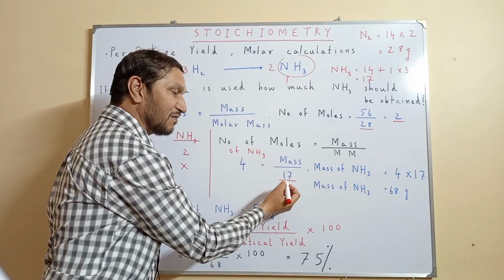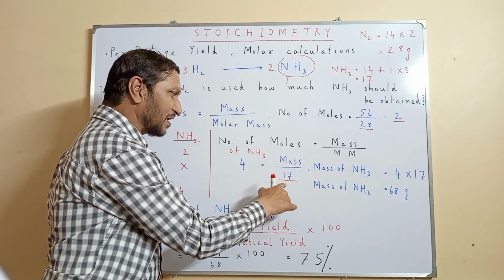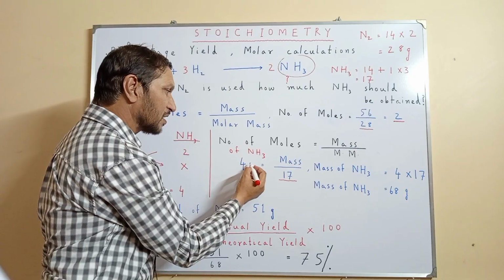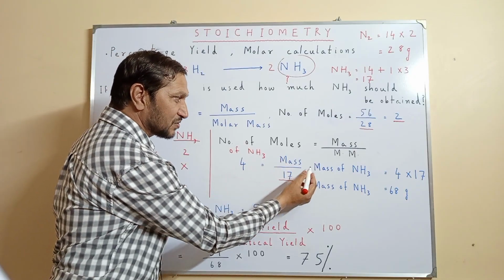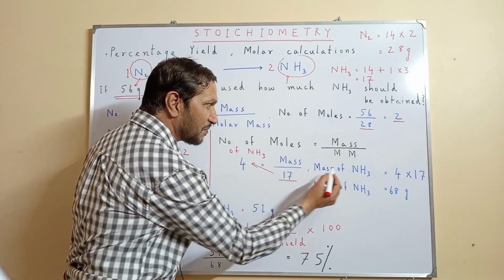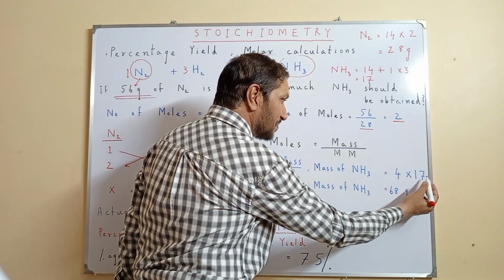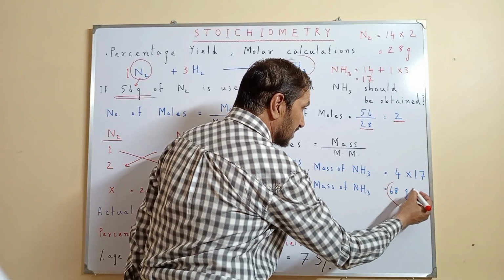17. Now we apply this molar mass in this formula: 4 is equal to mass divided by 17. So this will be multiplied, 17 multiplied by 4, and in this way the answer is 68.